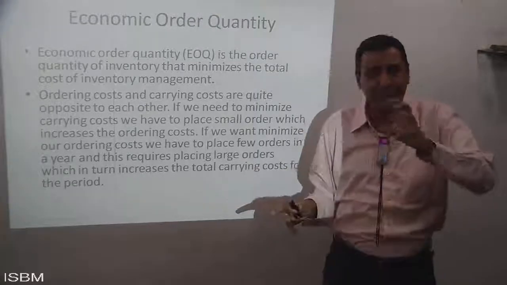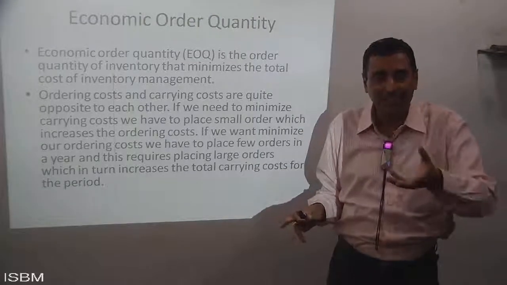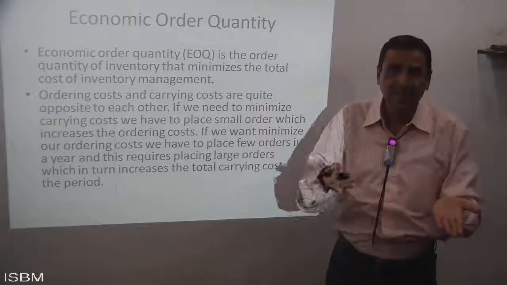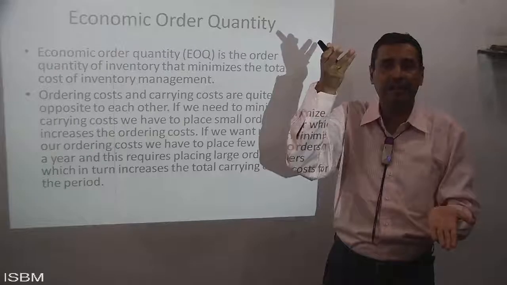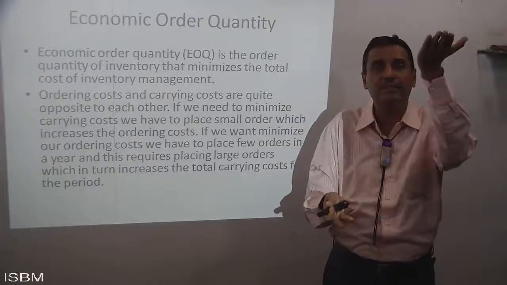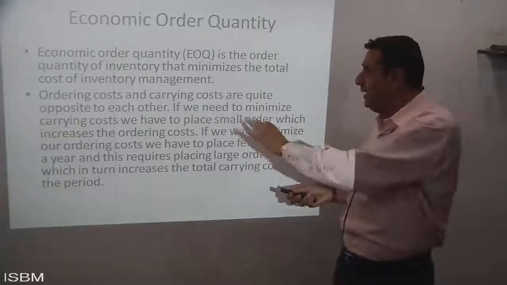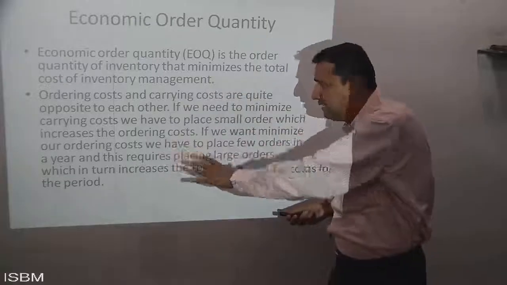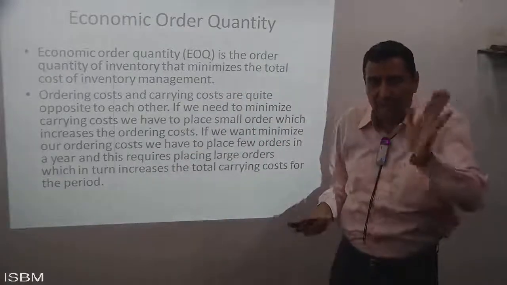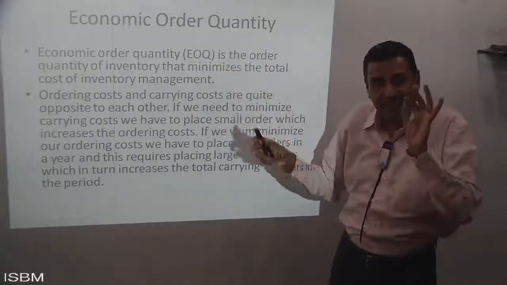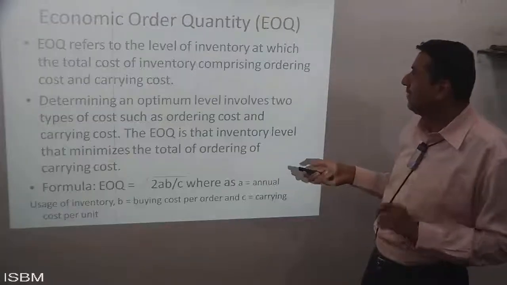So if you reduce carrying cost, you will incur higher ordering cost. If you want to lower ordering cost, you have to increase the carrying cost. So it is a very difficult predicament. In order to balance out both the ordering cost and the carrying cost, this EOQ model is followed.